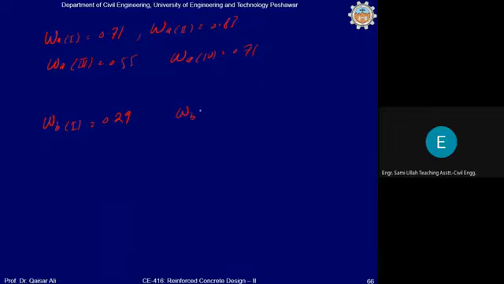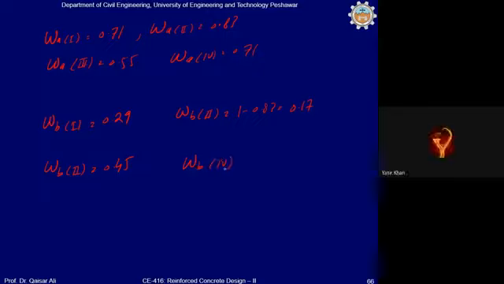Similarly, WB for panel 2 is 0.17. Similarly, WB for panel 3 is 0.45. WB for panel 4 is 0.29.